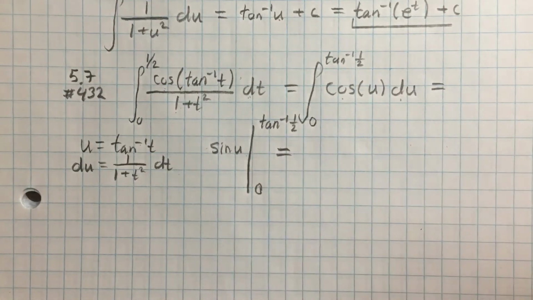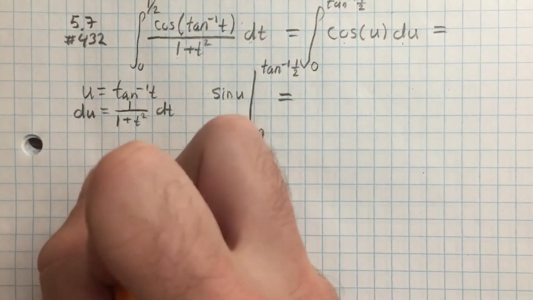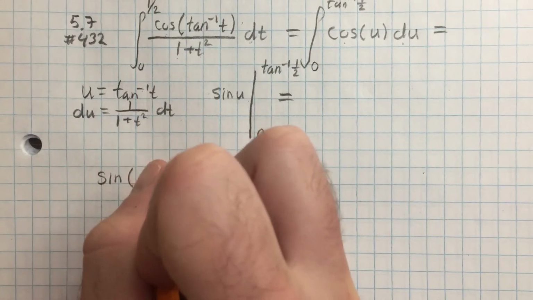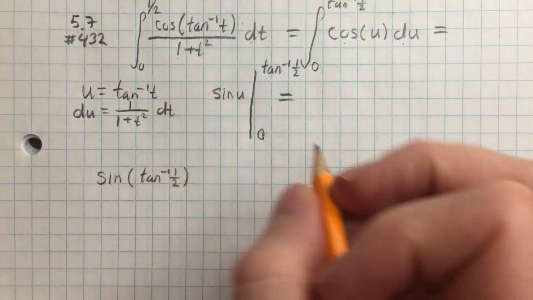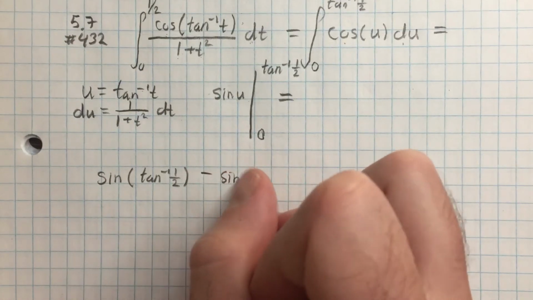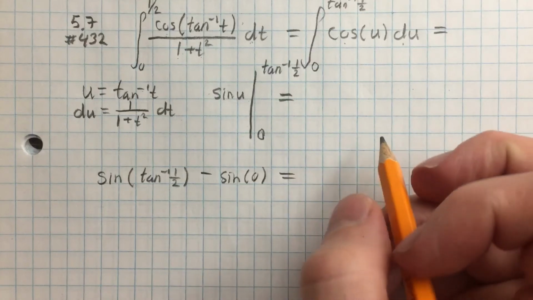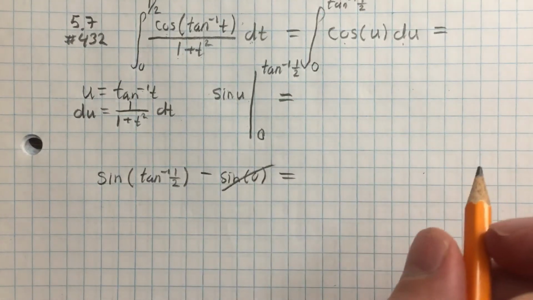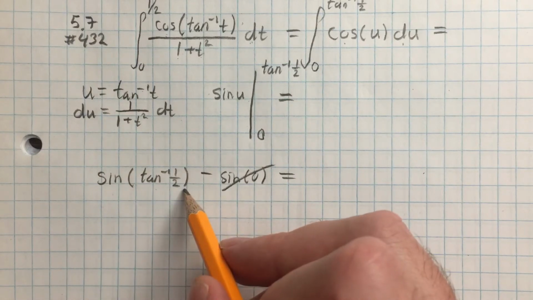So equals, I'm going to write it below here, sine of tan inverse of 1/2 minus sine of 0 equals. Now we know sine of 0 is 0, so that doesn't play any role here. It's just this strange looking sine tan inverse of 1/2.